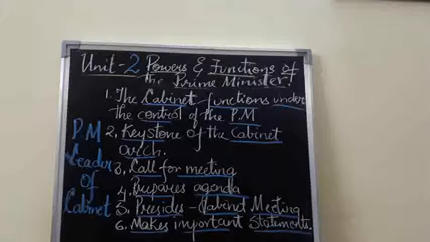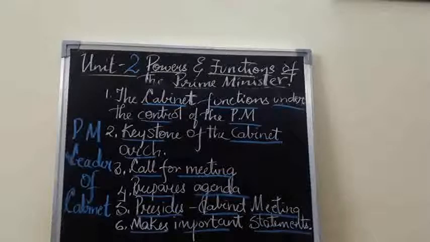He is called the keystone of the Cabinet Arch, calls for the meeting of the Cabinet whenever he likes or whenever a major decision has to take place, prepares the agenda for the meeting as well as controls it, or maintains the decorum, you can say, presides over the Cabinet meeting, leads the Cabinet in the Parliament, explains the policy and decision of the Cabinet to the Parliament, makes important statements on behalf of the Cabinet in the Parliament.